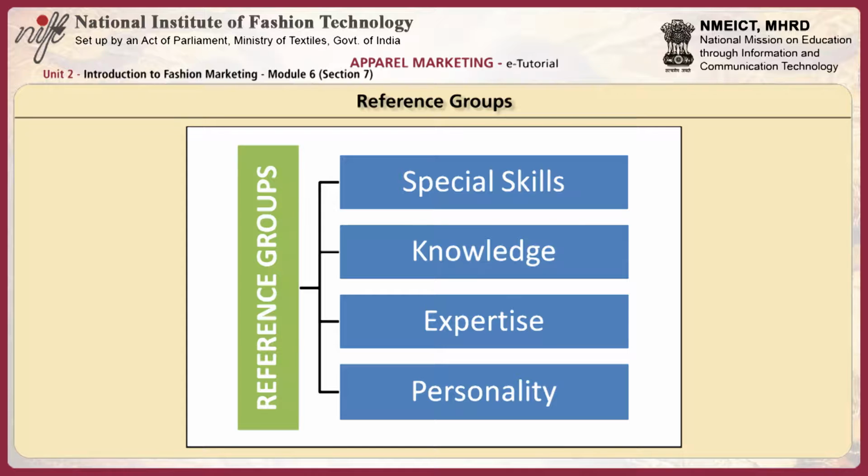So, let us understand one by one. Now, when we have to understand the concept of reference groups or family, we have to understand the concept of groups first. What is a group? A group may be defined as two or more people who interact to accomplish either individual or mutual goals.